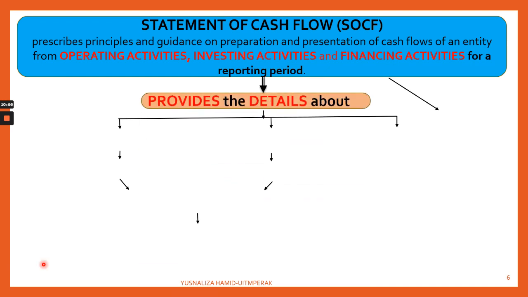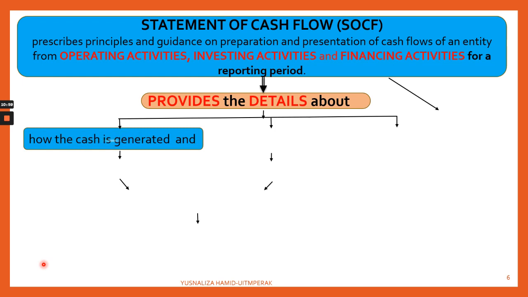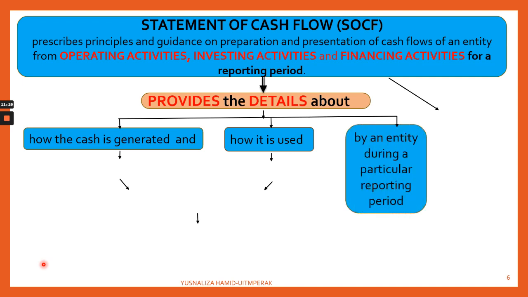It provides details about how the cash is generated by the reporting entity, meaning what are the sources of cash inflow, how it is being used, what is the source of cash outflow, or how cash is being spent by an entity during a particular reporting period.